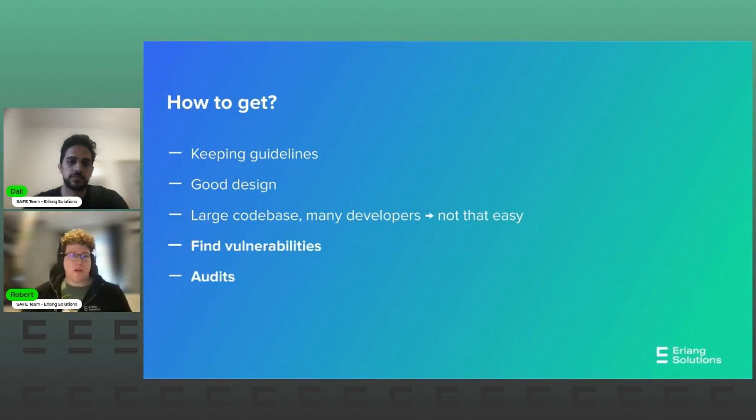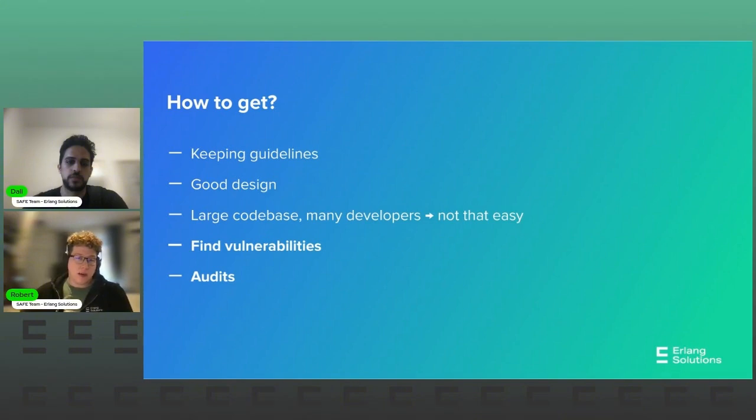First of all, you need to keep some guidelines to ensure that you are following certain standards. We are going to talk about these guidelines a little bit later in the webinar. Also, it is important to design your application in a good way. By this good design, you can ensure that things will most likely go well.